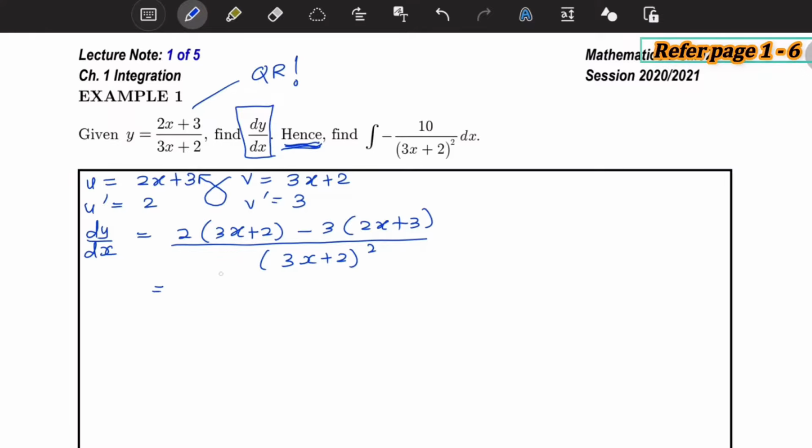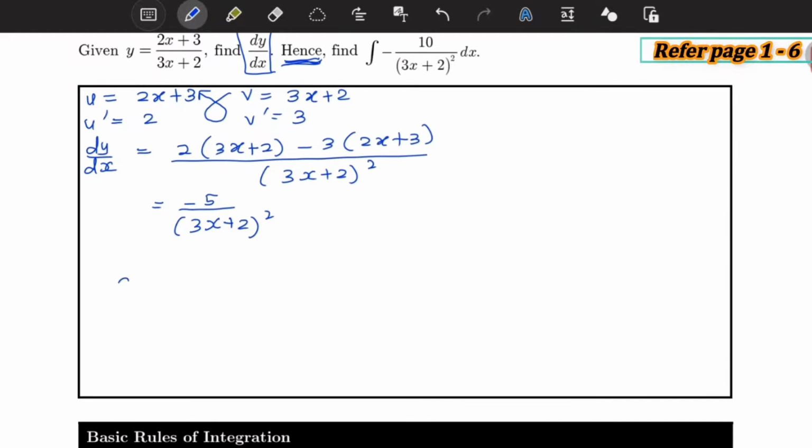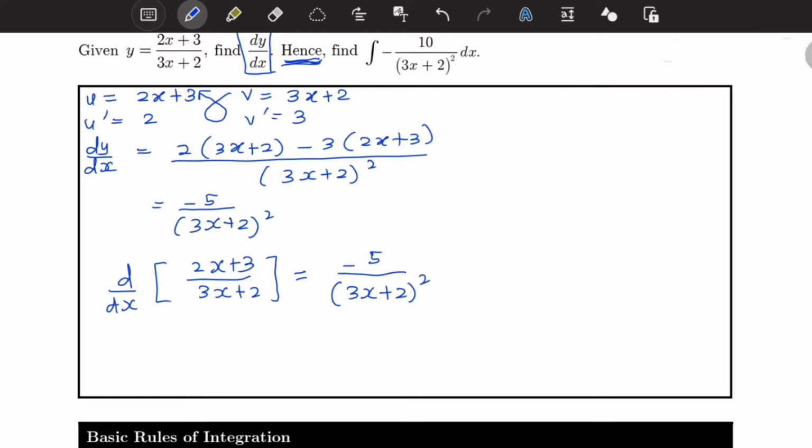If we simplify, we will get negative 5 over (3x plus 2) squared. So from the answer here, we can write d/dx of (2x plus 3) over (3x plus 2) equals negative 5 over (3x plus 2) squared. So this is the answer for the derivative.